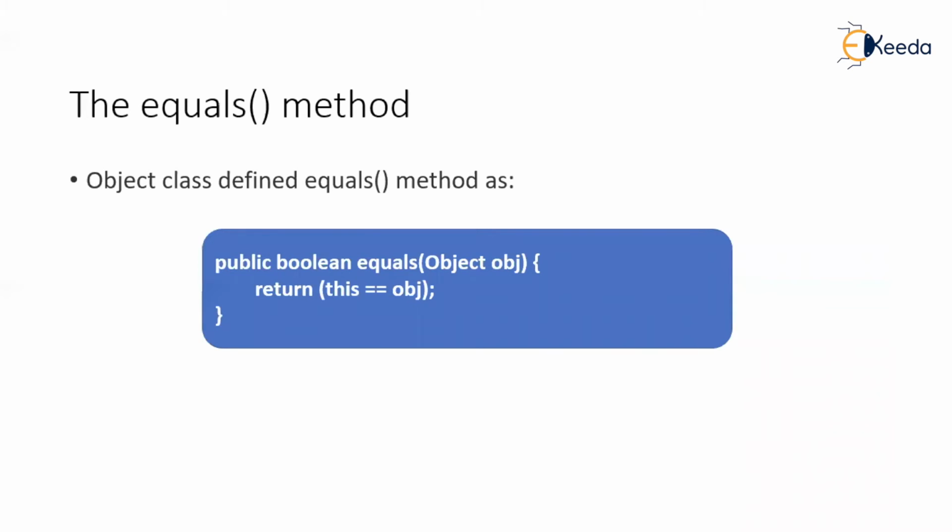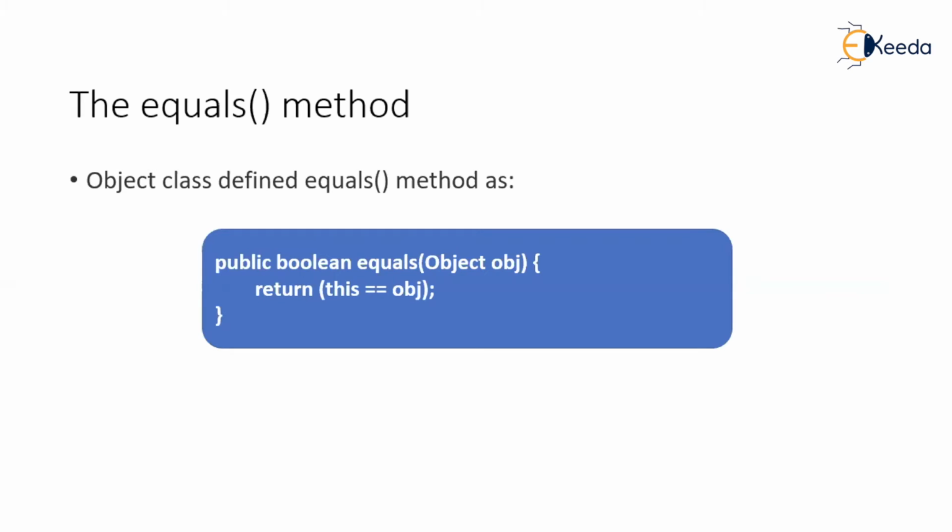So what is expected from this equals method? For any object x, x.equals(x), meaning I'm calling equals on the object and comparing it with the same object, should return true, because the object on which we are calling the equals method and the object passed as a parameter are the same.